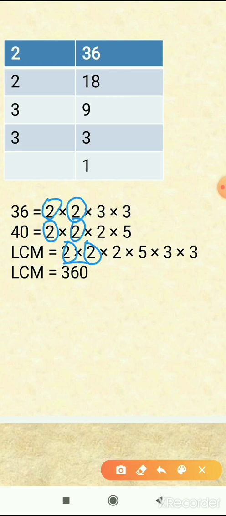We multiply. Now the remaining are the uncommon factors. So look here, 2 into 5 and 3 into 3. These are the uncommon factors. So to get LCM, we multiply common and uncommon factors. So by multiplying 2, multiply by 2, multiply by 2, multiply by 5, multiply by 3, multiply by 3, we get product 360.